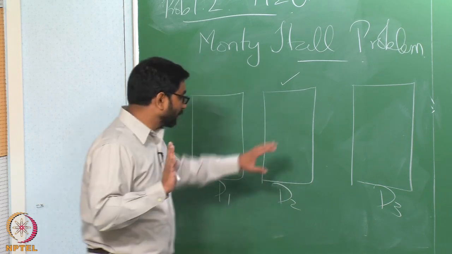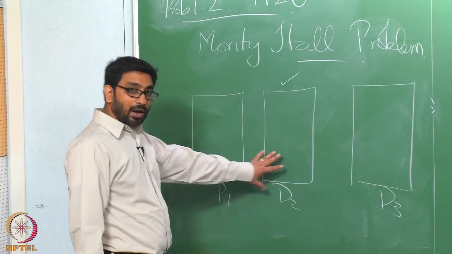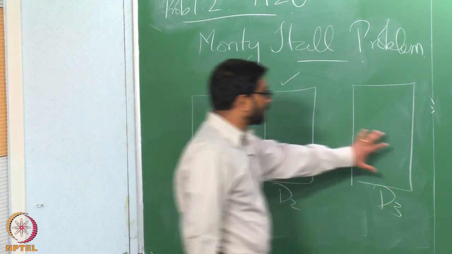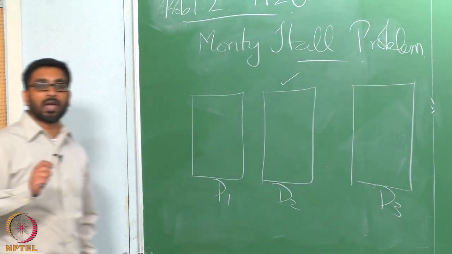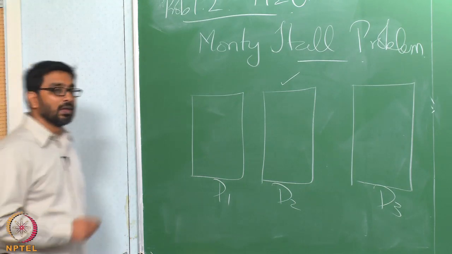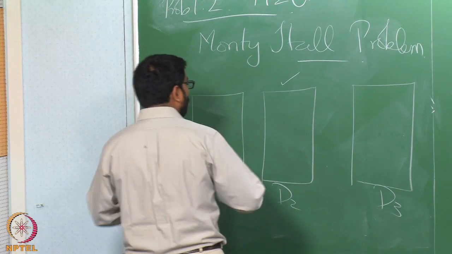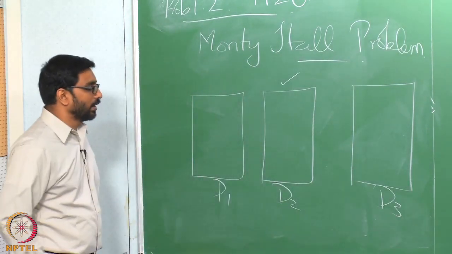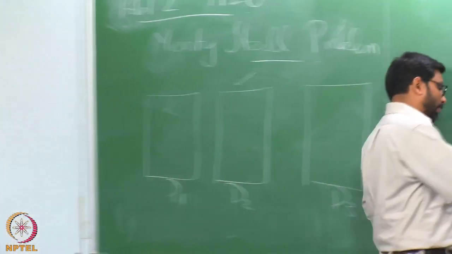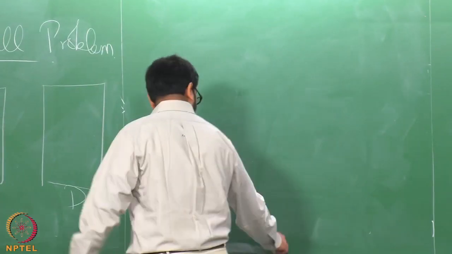We don't know, but Monty Hall knows that. But regardless, one of these other 2 doors is going to have a goat. So, what Monty Hall is going to do is open the door which contains a goat.